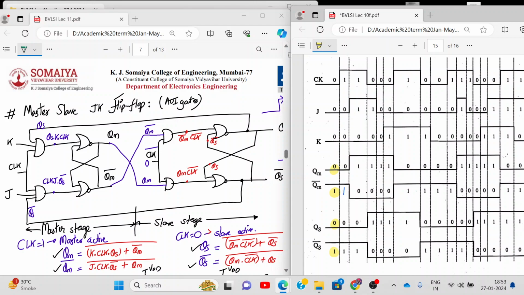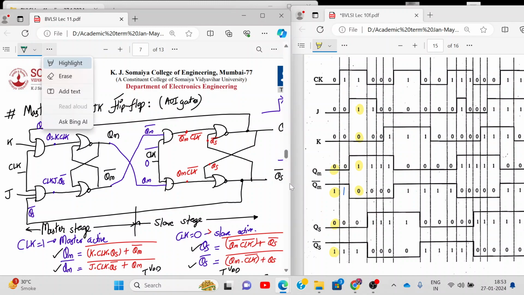Okay. Now third stage. Clock is 1, J is 1, K is 0. So what should happen? It should set the output. So QM should become 1, right? And QM bar should become 0, right? So QM will become 1, QM bar will become 0. So what will happen now?